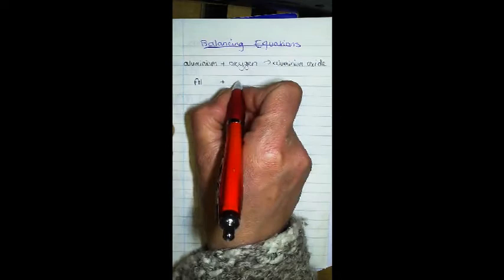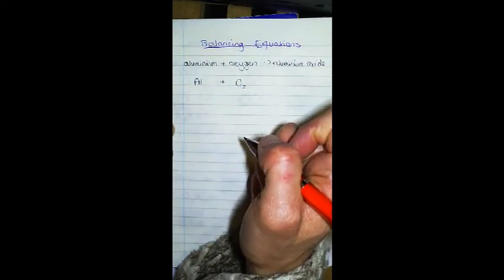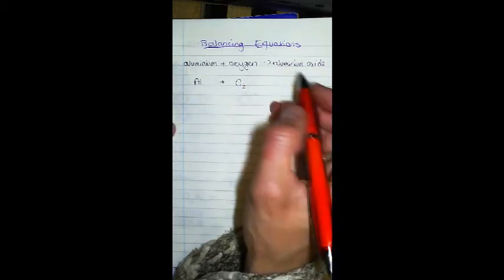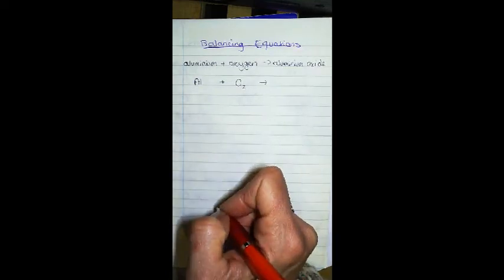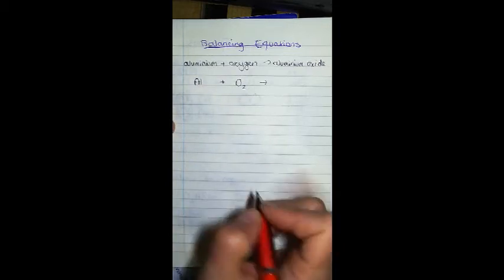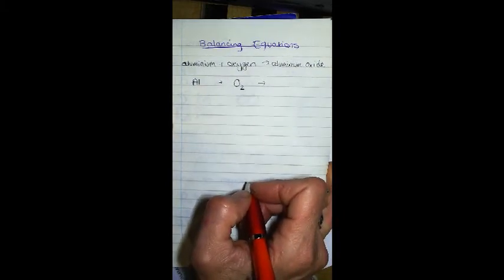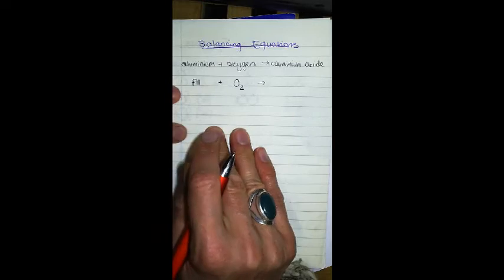Now we've already discussed oxygen, it's O2. Okay, diatomic, non-metal, goes around covalently bonded to itself. Which means that aluminium oxide, because it's made up of a metal and a non-metal, is an ionic compound. So we have to think of the ionic formula.